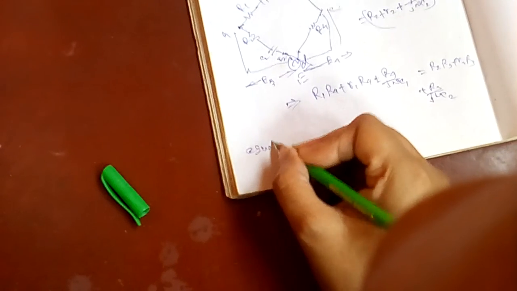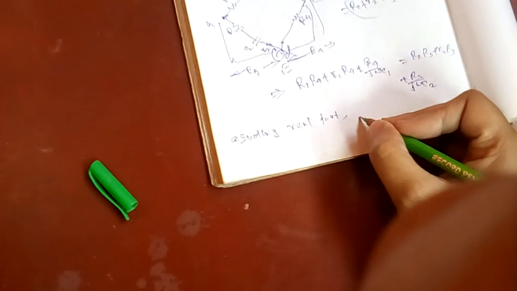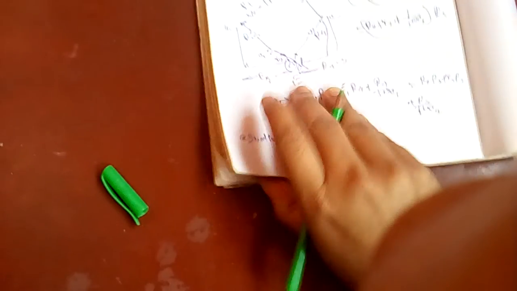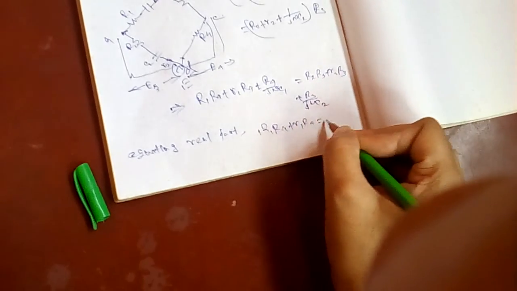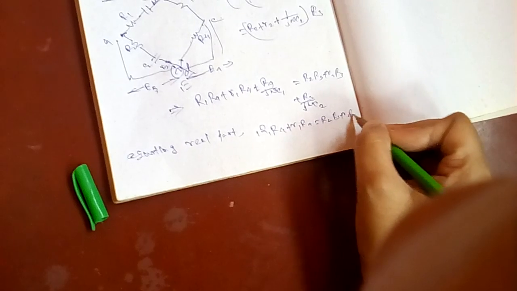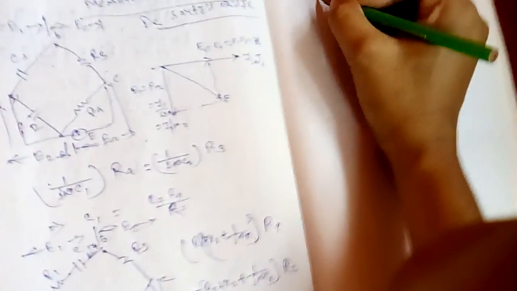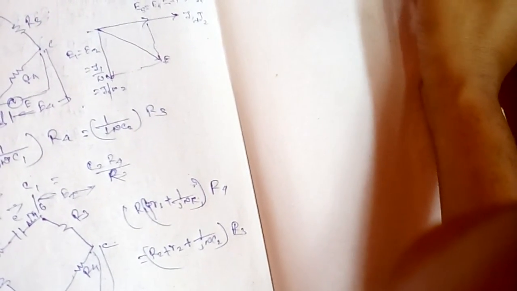So equating real and imaginary parts, equating the real part, we get R1 R4 equal to R2 R3, and the imaginary part R4 by j omega C1 equal to R3 by j omega C2.